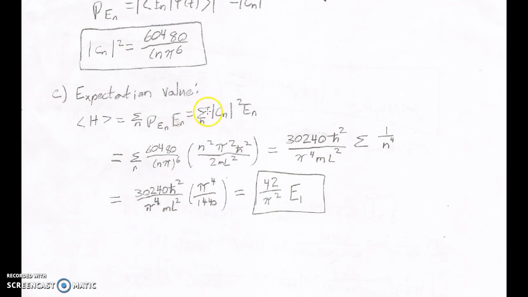So you plug c_n and E_n in, and you get this. You can move all this out to the outside because there's no n value in it, and it's just the sum over n. So the only thing left in the sum is 1 over n to the 4th, and that is equal to pi to the 4th over 90, divided by 1440, and then you're left with this.